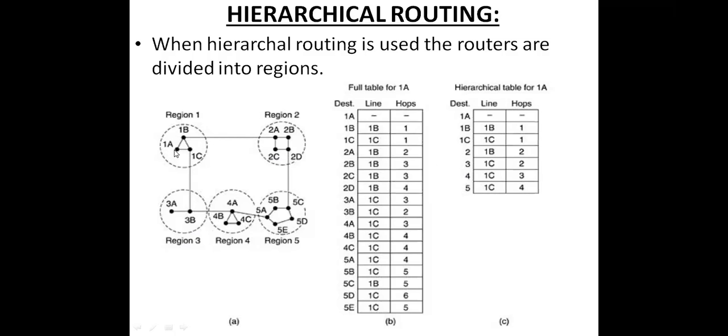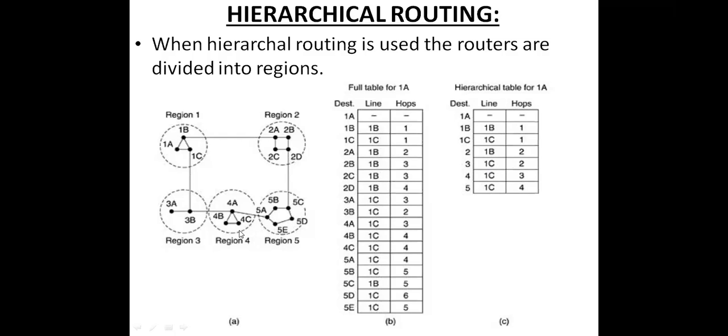1A to 1A: what is the distance? 0 hops, outgoing line also none. 1A to 1B means there is a direct connection, 1 hop. 1A to 1C, 1 hop. Then 1A to the entire region 2, via 1B, 2 hops. Next, 1A to region 3, via 1C, 1, 2, so 2 hops.